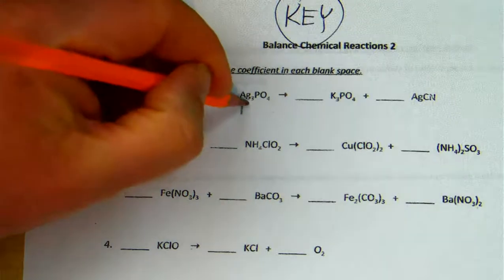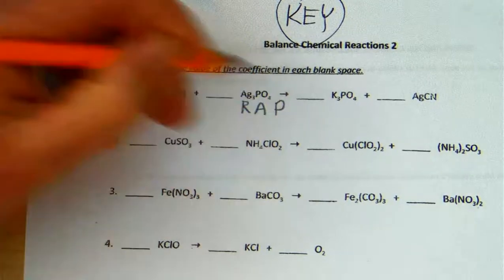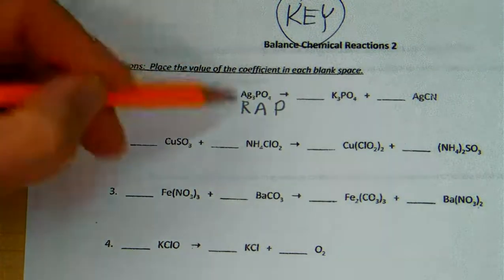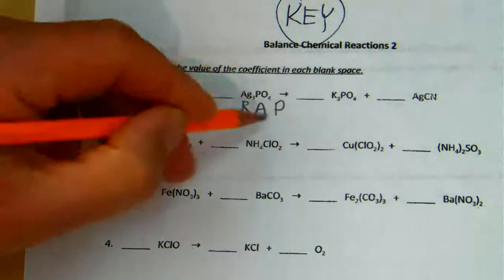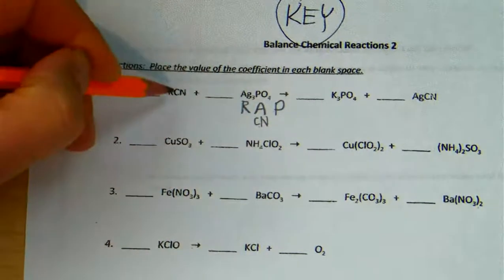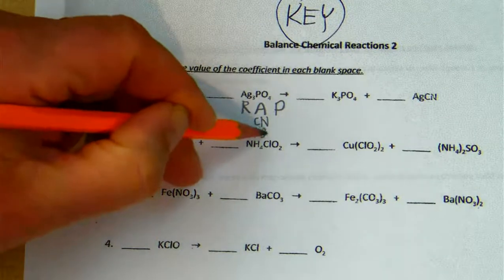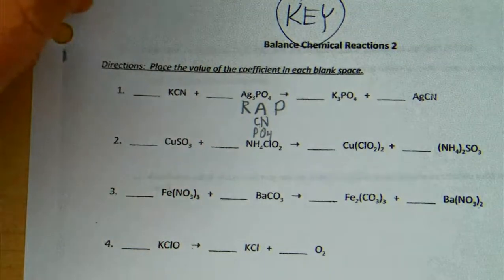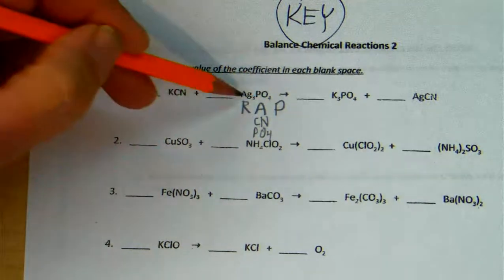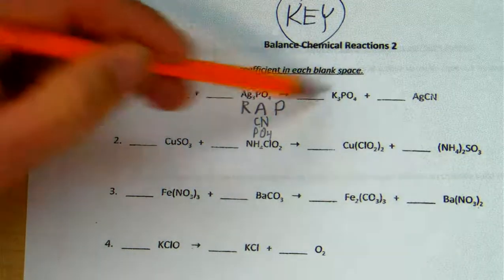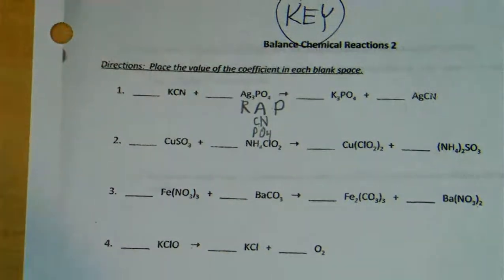To do this, I've been humorously calling it a rap sheet, where I list the name of my atom or polyatomic ion. In this case, I can already see there's cyanide and phosphate as polyatomic ions. R is for the reactant side, the left side of the arrow, and P is for the product side, the right side of the arrow.